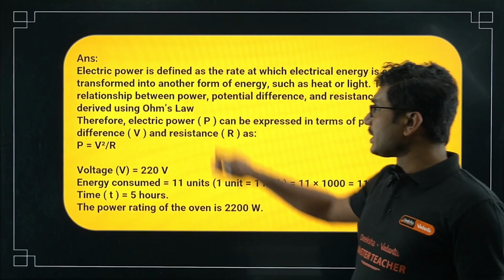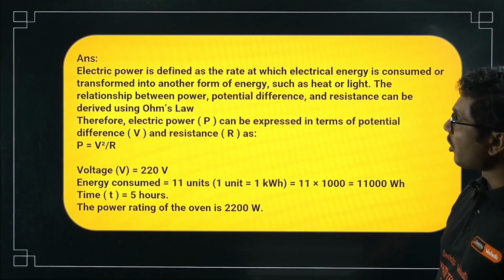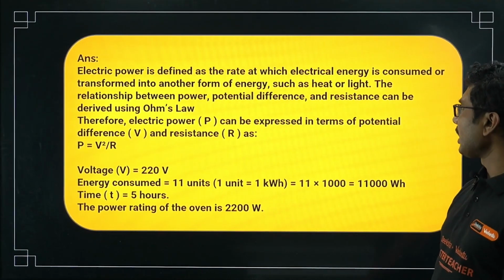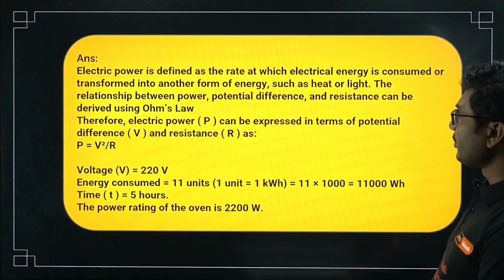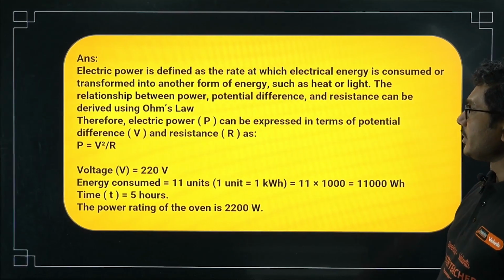So electric power is defined as the rate at which the electric energy is consumed or transformed into another form of energy such as heat or light. The relationship between power, potential difference and resistance can be derived using Ohm's law.